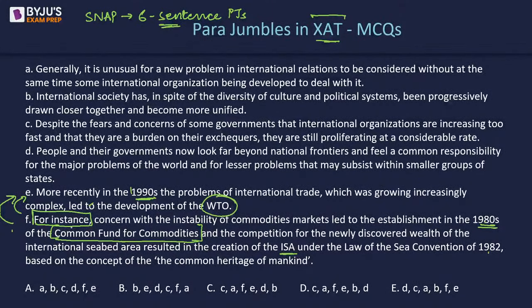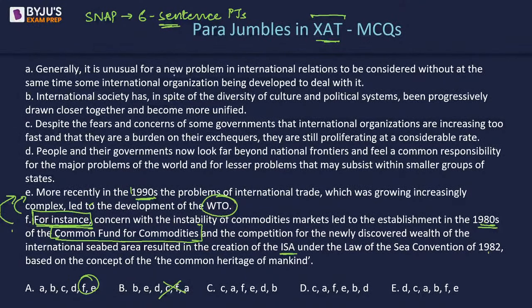I am talking about the organizations that have been developed to solve various problems. The moment you realize that F and E is a pair, that at least eliminates our option A. Now, when I say for instance, that means this is an example of something. What is it an example of? The fact that more and more international organizations are coming up. So we have talked about this in which sentence? International organizations have been developed.